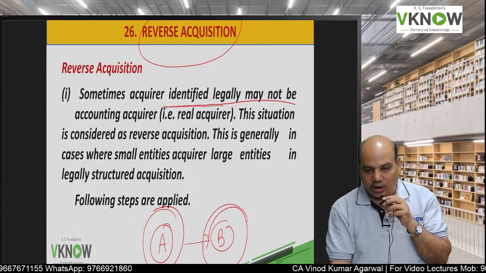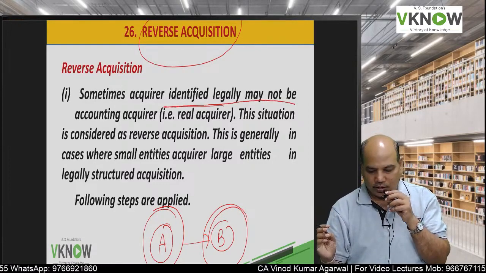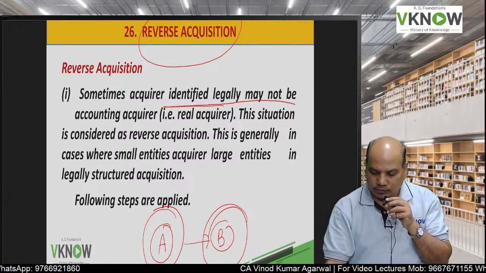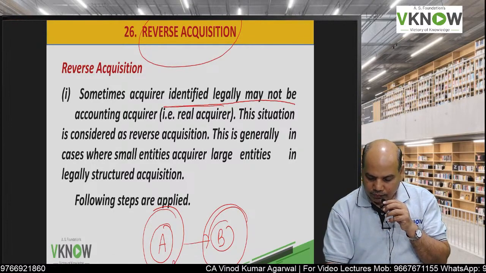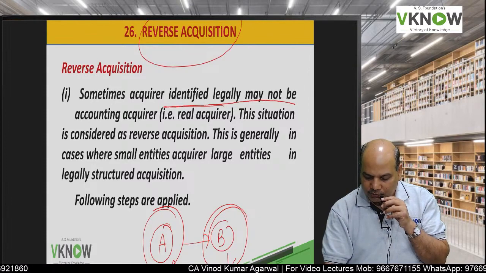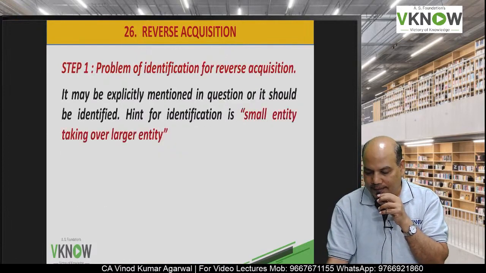So the legal acquirer and the accounting acquirer will be different. In the eyes of law, A is the acquirer, the legal acquirer. But for accounting purposes, B is the acquirer, whom we will call the accounting acquirer.